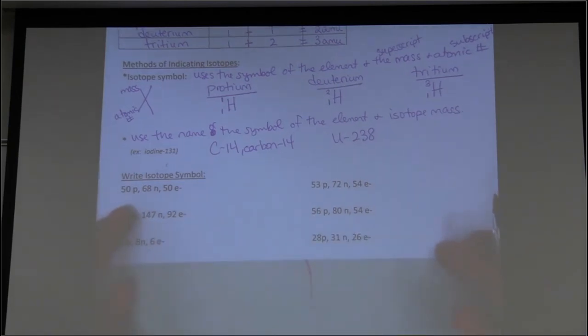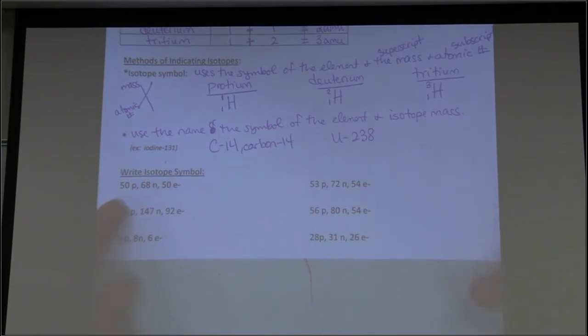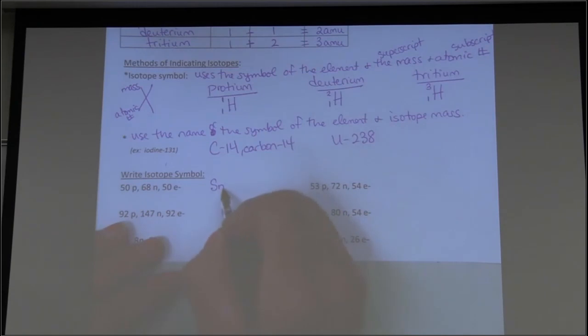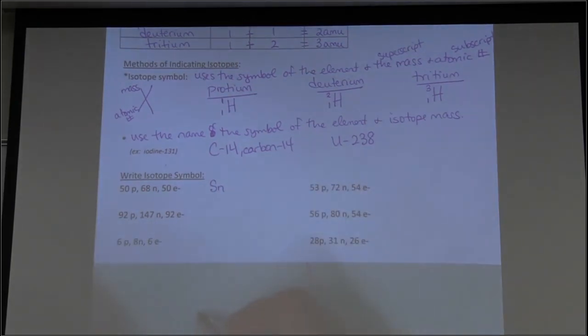So now, I want us to write the isotope symbol for the isotopes that have these characteristics. How are you going to know who it is? Protons. Use your periodic table. This is 50, so you're going to put Sn in. And then how do you get the mass? Protons plus neutrons. Don't get the mass off the periodic table.